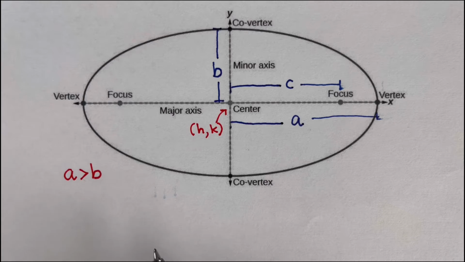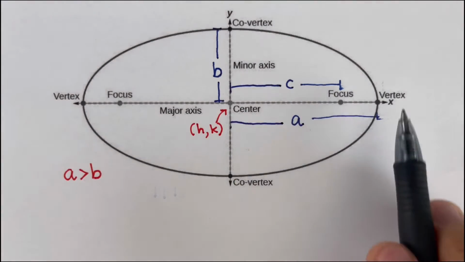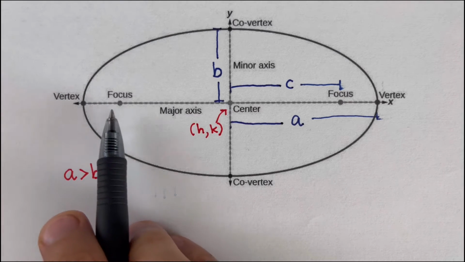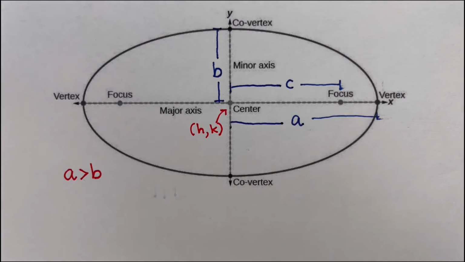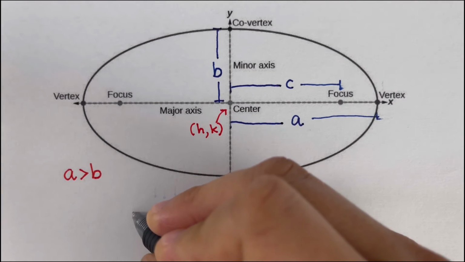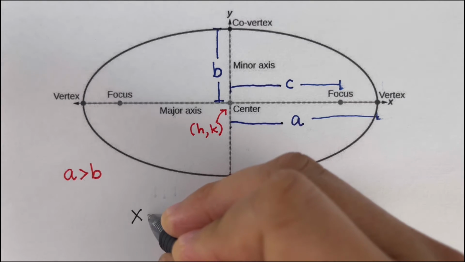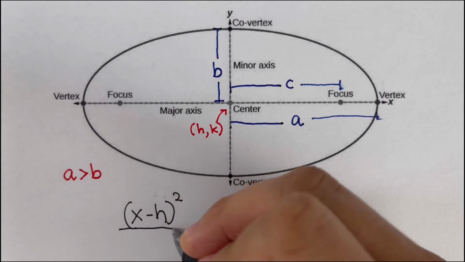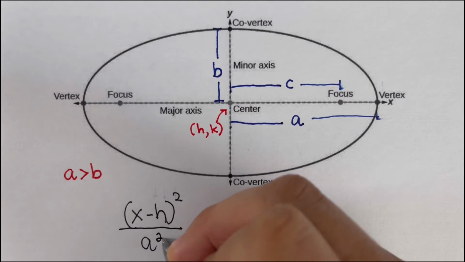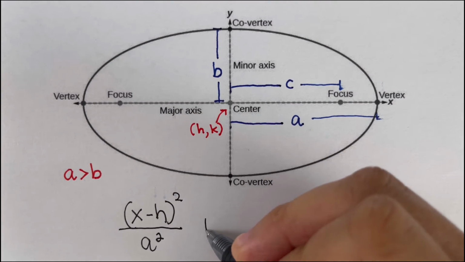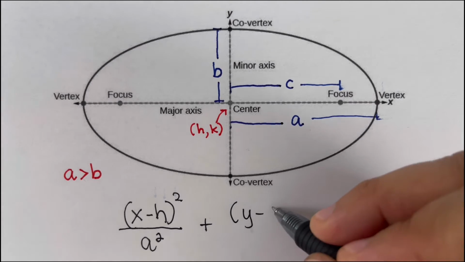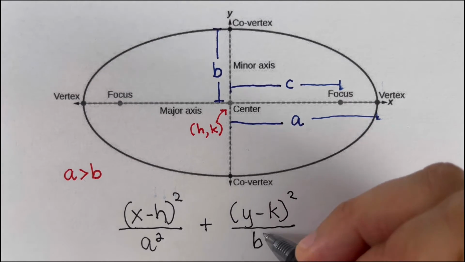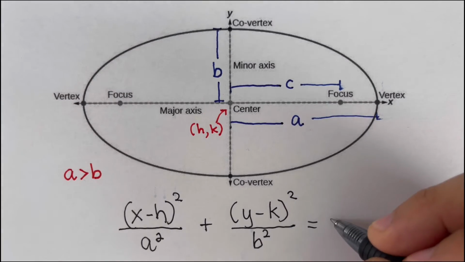The standard equation for this first case of the ellipse, whenever it is elongated along the horizontal line, we can represent in standard form as (x minus h) squared over a squared, plus (y minus k) squared over b squared, is equal to 1.